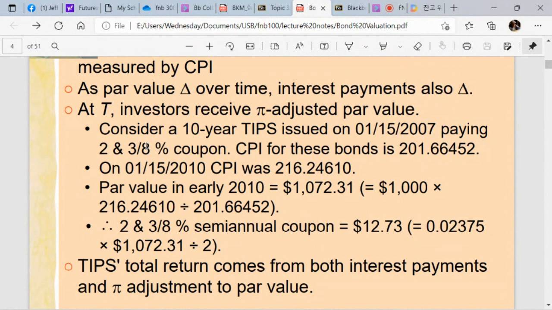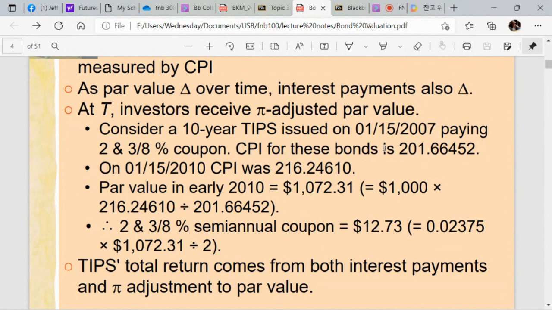Treasury uses the 32nd system. You remember that. So even the coupon rate, they use 2 and 3/8. We can easily convert it into just regular decimals.